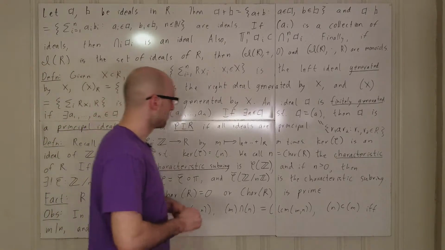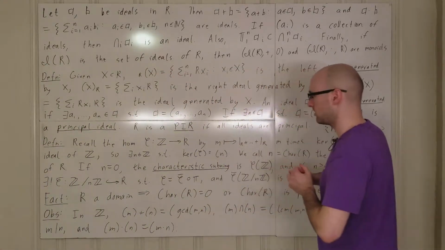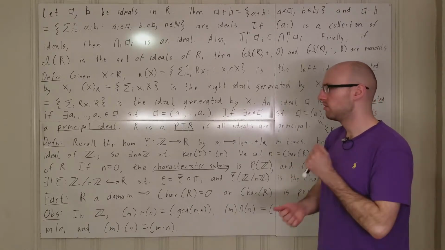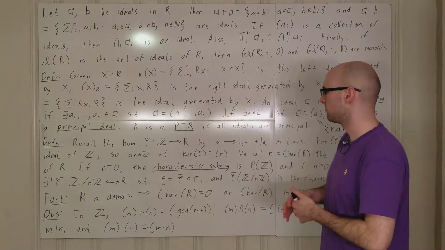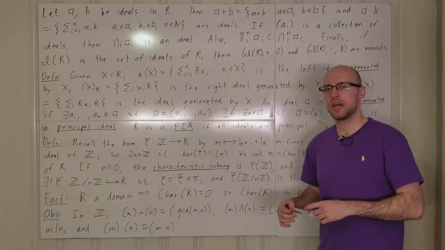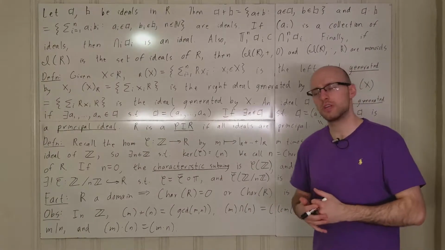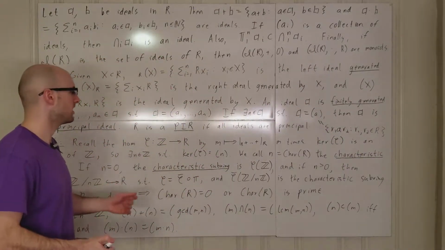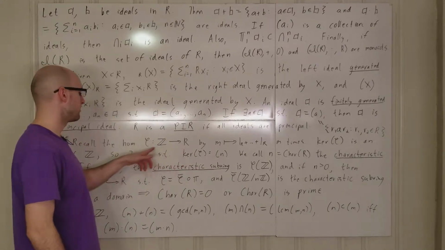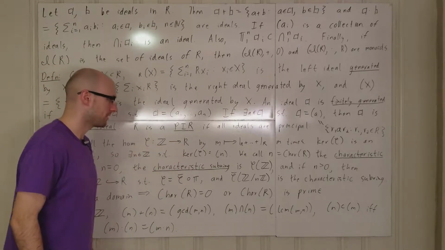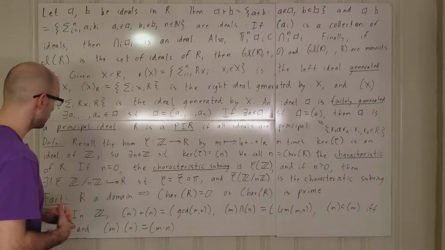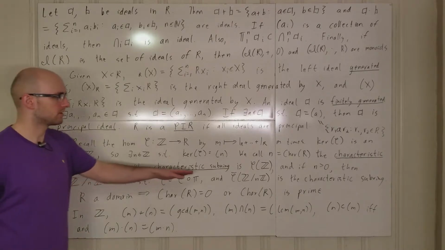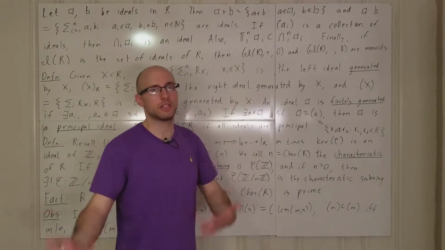All right, so basically, in my notes I have it written this way to define the characteristic subring. I think this is more wordy than we need. I think what you can say is that the characteristic subring of R is just the image of the integers under this map. And the way I have it in my notes is that if n equals 0, then the characteristic subring is just the image of the entire ring.